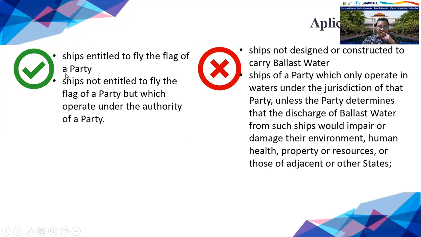Then the convention is implemented to ships entitled to fly the flag of a party. What does it mean? Flag of a party means that the flag state is a state which has already ratified the convention. The convention here means the Ballast Water Convention.